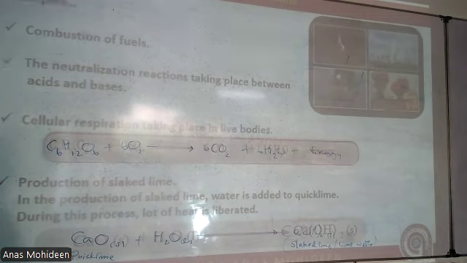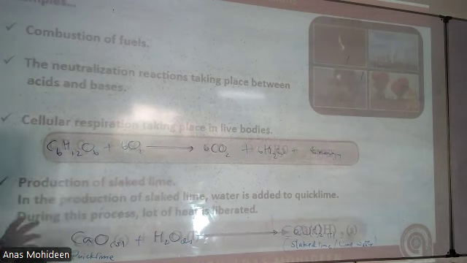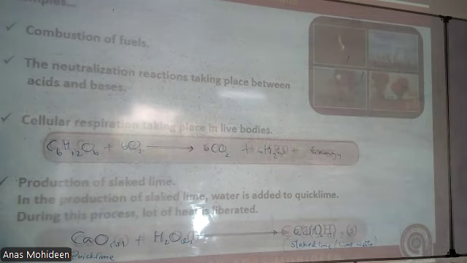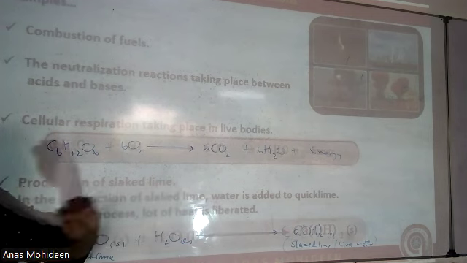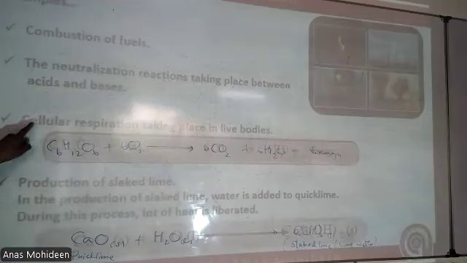Lime juice is an acid, lime water is a base. So this reaction also emits heat. For quicklime, you add water, it becomes slaked lime or lime water, emitting heat. So also exothermic. Can you please write this at the third point?